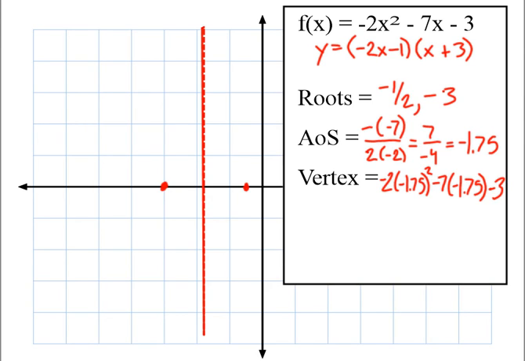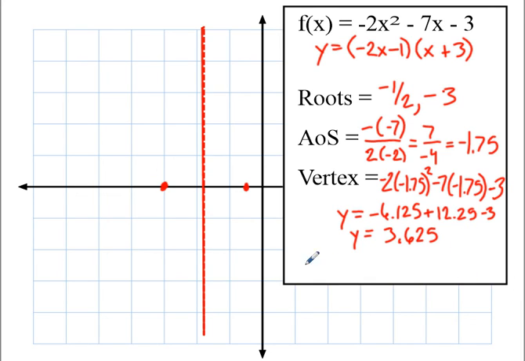And when I evaluate that, I end up with negative 6.125 plus 12.25 minus 3. Combine those and I get a, remember these are going to be y's, I get a y of 3.625.